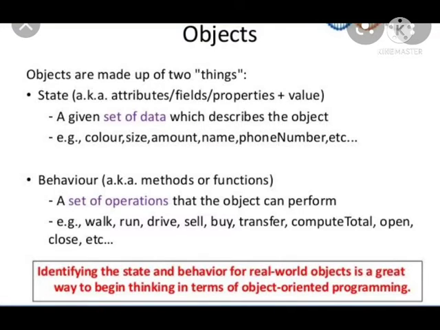Property of any object is like color, size, amount, name, phone number, etc. And behavior is like walking, running, drive, sell, buy, transfer. Any action, any operation that is performed by that object is called behavior of that object. And each object is identified by a unique identity. So every object has its own identity.